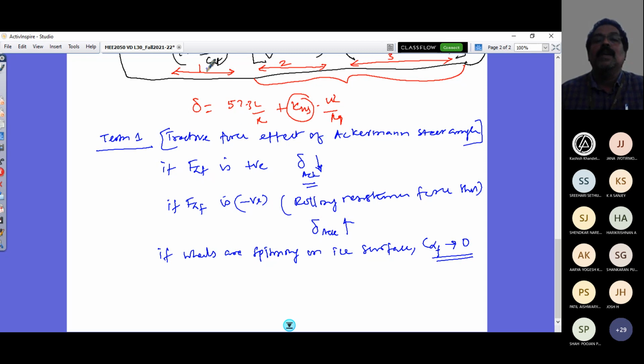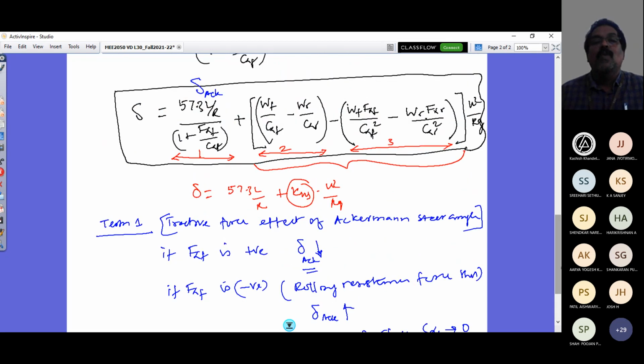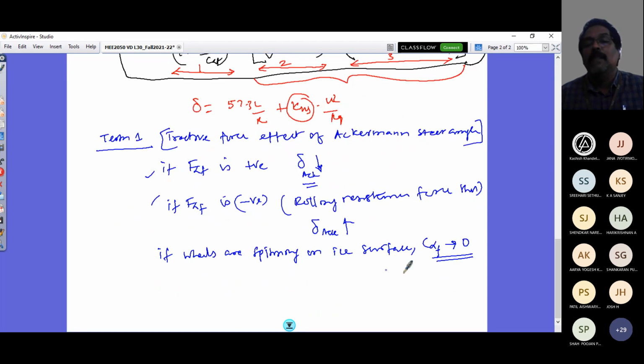If this tractive force is not there, it is steady state motion, the safe motion that we have studied. Once the tractive drive force comes in, this term, the Ackermann steering geometry, changes. That would influence even low speed cornering. That's what we have seen from first to two. And here, when can that be 0?